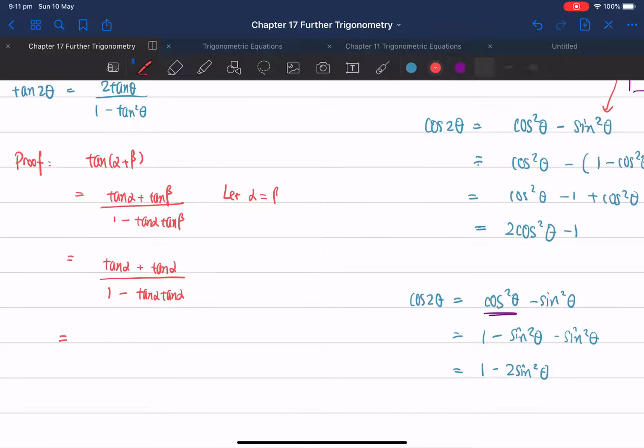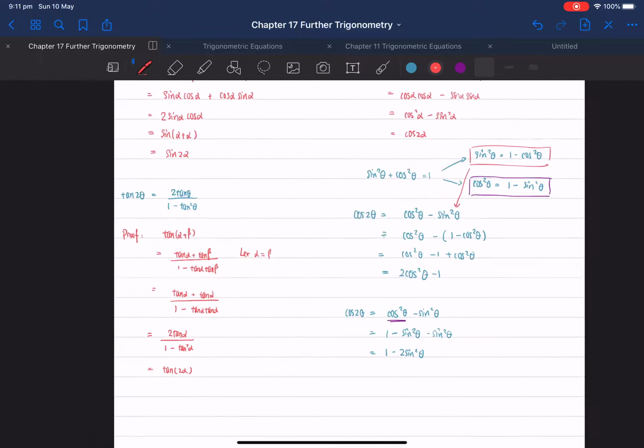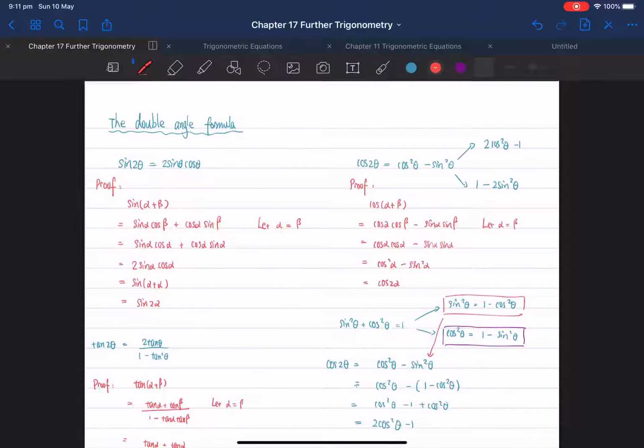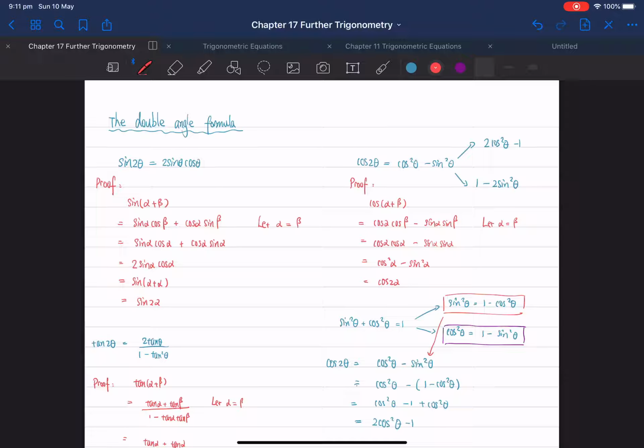That gives you 2 tangent alpha over 1 minus tangent squared alpha, which is tangent 2 alpha. That's how you prove it. So those are the 3 double angle formulas: one for sine, one for cosine, one for tangent.